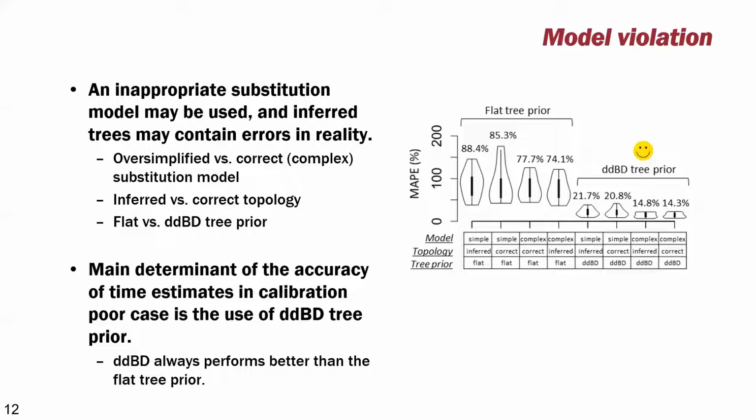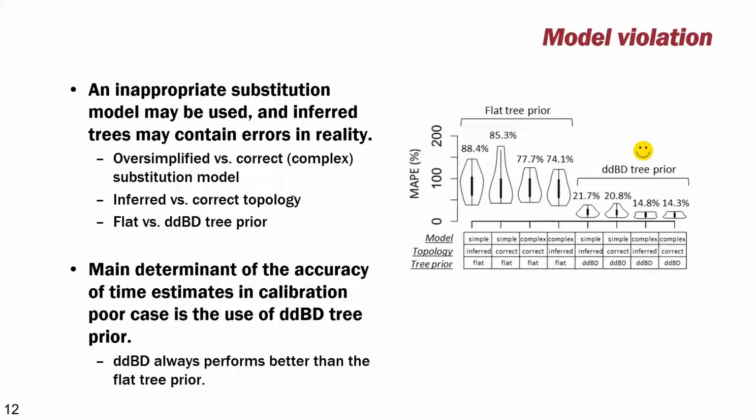And interestingly, the use of the inferred tree topology that may contain a lot of topological errors only increases the error slightly compared with the correct tree topology, which means that the error in the tree topology only has a limited impact on the time estimation accuracy.